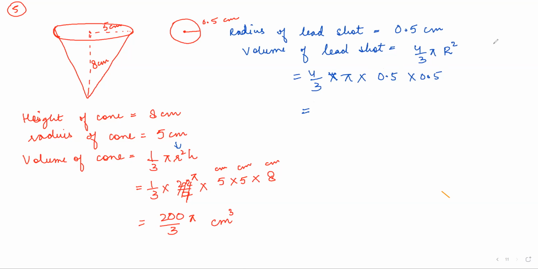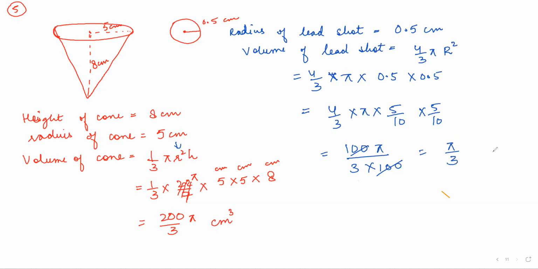5 into 5 is 25, right? Or you do it like this. 5 by 10 into 5 by 10, right? So 5 into 5 is 25. 25 into 4 is 100. That becomes 100 pi divided by 3 into 100, right? 100 cancels out. So that becomes pi by 3 centimeter cube.